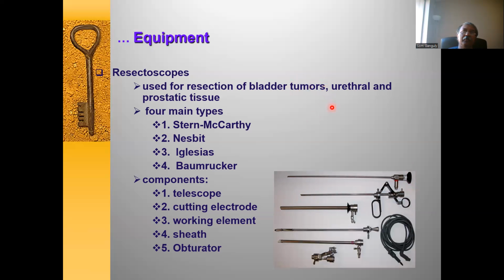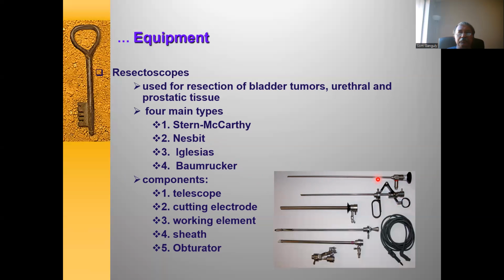So, resectoscope, this pistol grip that you see is basically Stern-McCarthy. You also have these others. But the Stern-McCarthy is a very useful resectoscope.